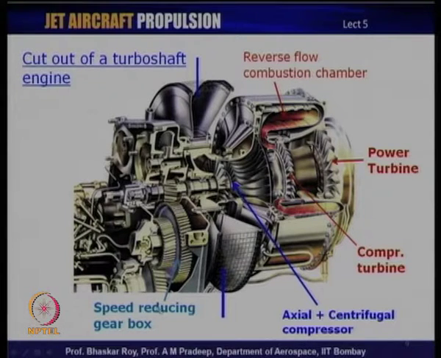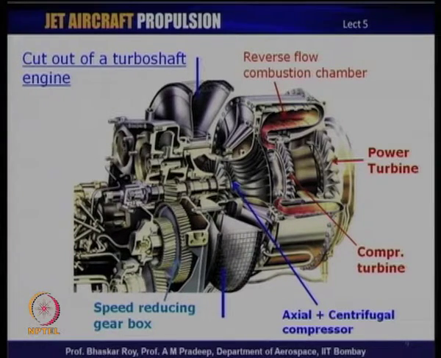Now, you can see the speed reducing gearbox over here. This inner shaft comes through the outer shaft from here, and then through this gear meshing system reduces the speed substantially, because as I mentioned, the turbine speeds are likely to be of the order of 8 to 10,000 rpm, sometimes even higher.